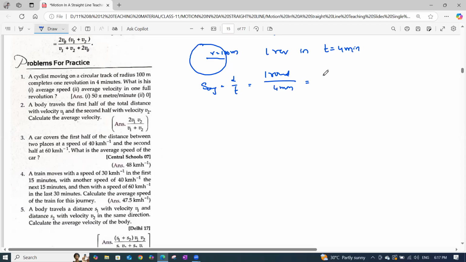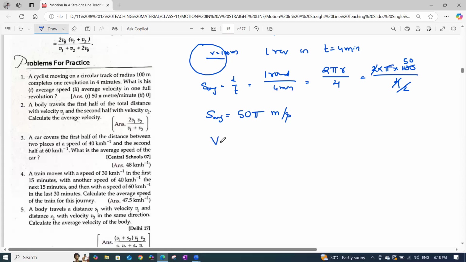One round is the circumference of the circle, that is 2 pi r by 4, which is 2 into pi into 100 upon 4. Simplifying, the average speed is 50 pi, and the SI unit is meter per second. So this is the answer.